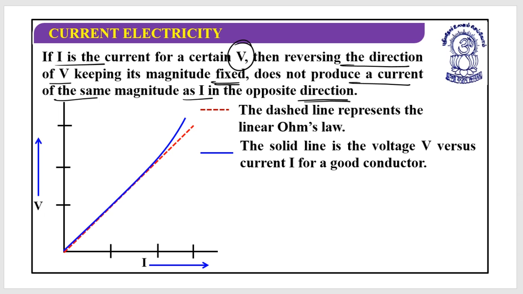As you can see in the graph, on the y-axis I have taken the potential difference, on the x-axis I have taken the electric current. The dotted line represents the linear Ohm's law, and the solid line is the voltage V versus current I for a good conductor. You can see that up to this point both the lines are matching perfectly, but as soon as V or I is increasing, it deviates from what Ohm has said.